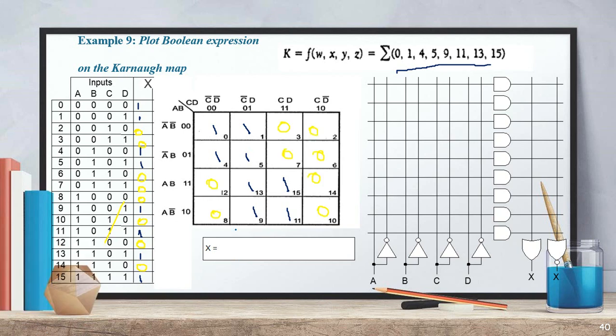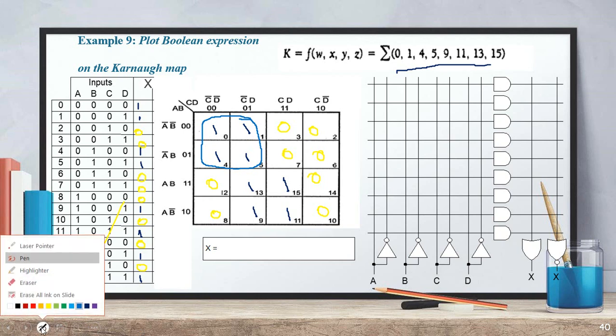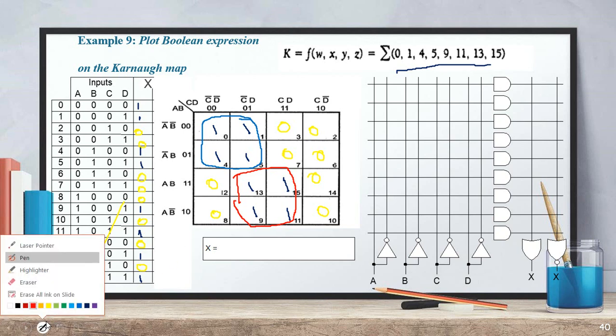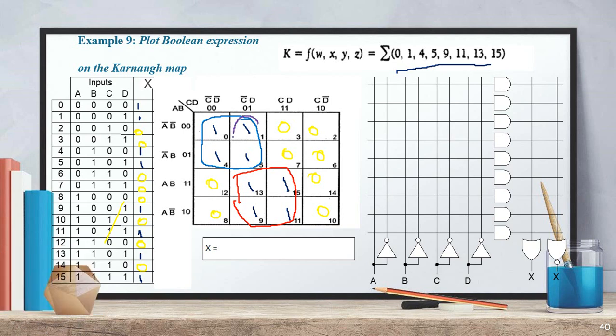Now what are the possible groups here? If you look like this, we can make one group something like that. This is the 4 ones. Next, we can do a similar way another group here. Okay, this 4. And we can also do one more group here. If you do something like this, this is also 4 ones possible.